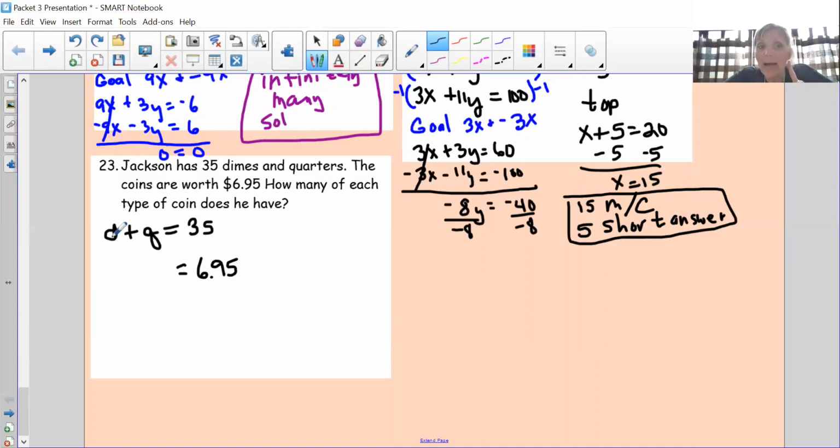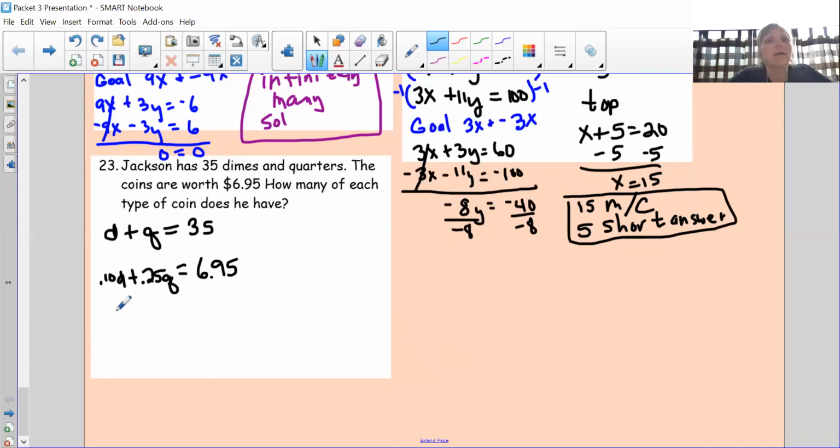Now for every 1 dime, he's going to count 10 cents. And for every quarter, he's going to count 25 cents. Okay, so there's the other equation. 10 cents for every dime and 25 cents for every quarter.